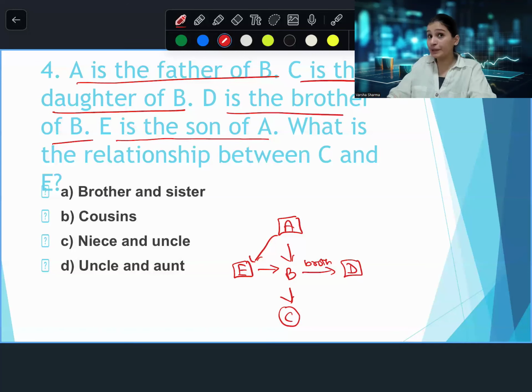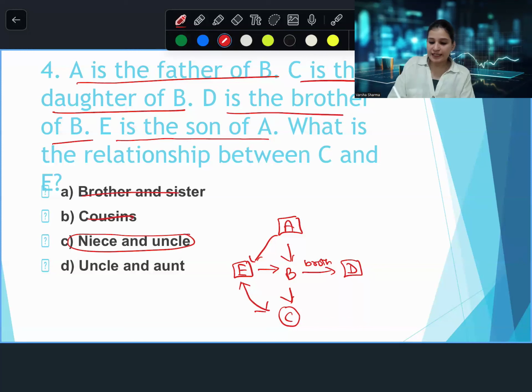We are not sure about the gender of B. So we have been asked, what is the relationship between C and E? C is the niece and E is the uncle. Agreed? Yes, ma'am.